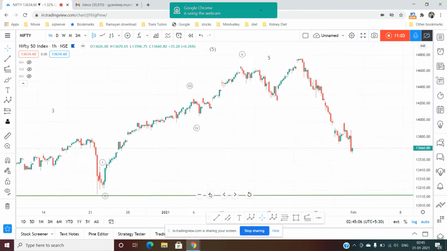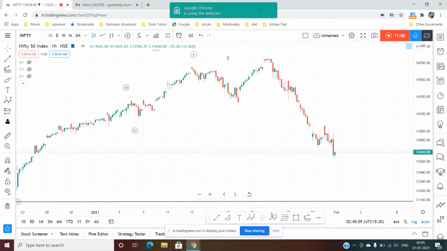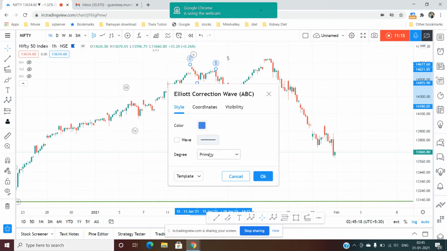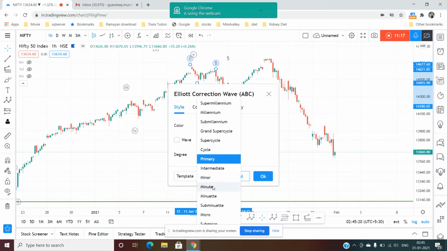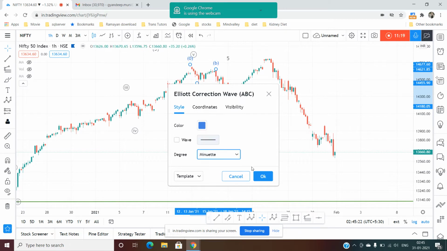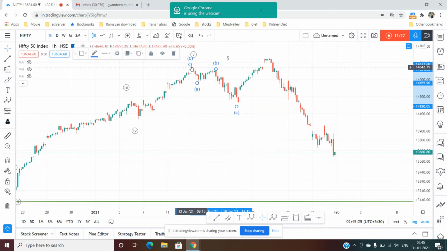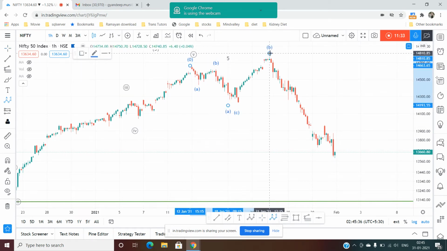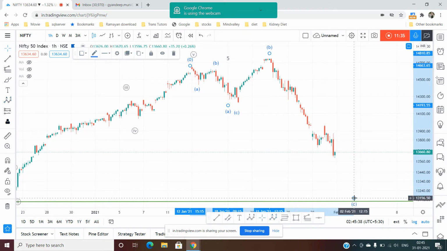And what is this corrective phase? This corrective phase can be said to be A, B, C. It can be the minute one. And the whole corrective phase we can say is A, B, and this can be a C wave.